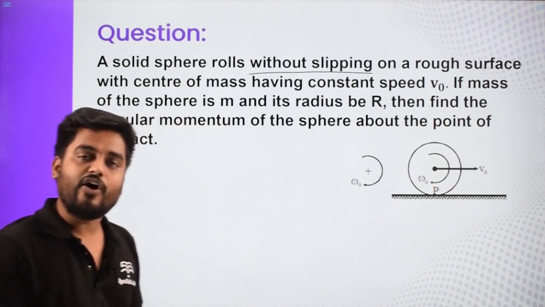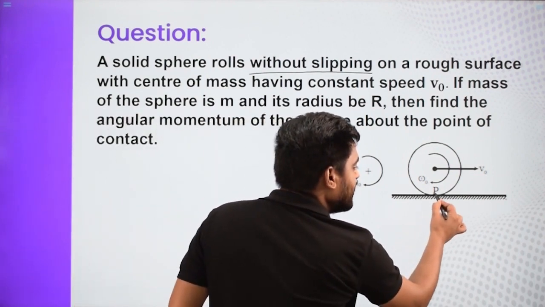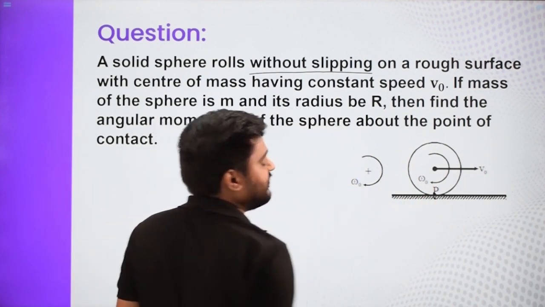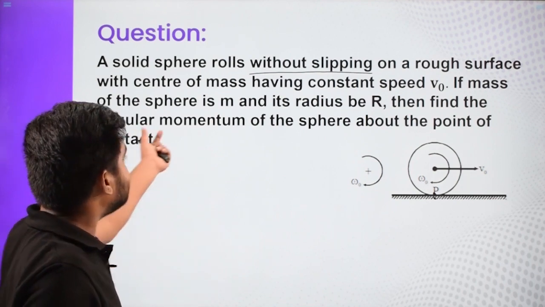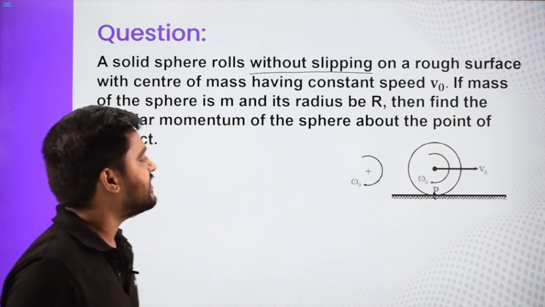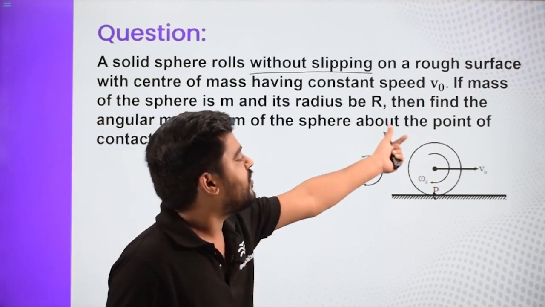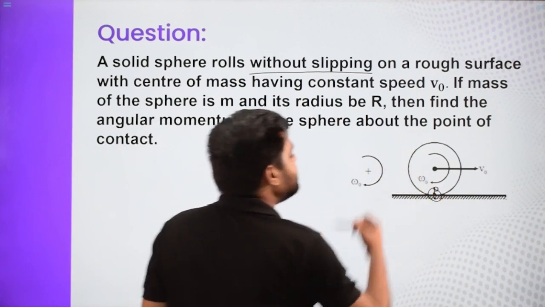In pure rolling, the object does not slip at all, so there is no rubbing or slipping between the two points which are in contact. The sphere has mass m and radius r. We need to find the angular momentum of the sphere about the point of contact.